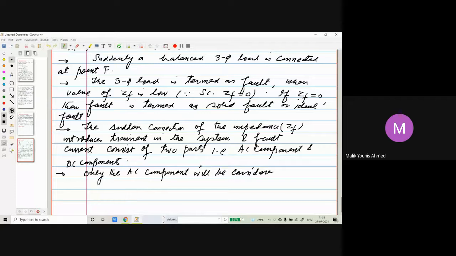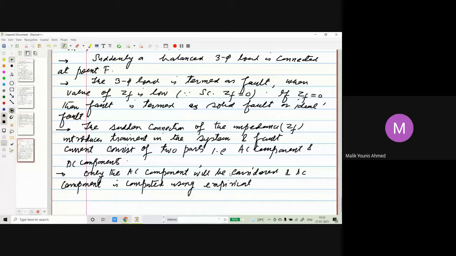Here only the AC component will be considered, and the DC component is computed using an empirical formula.